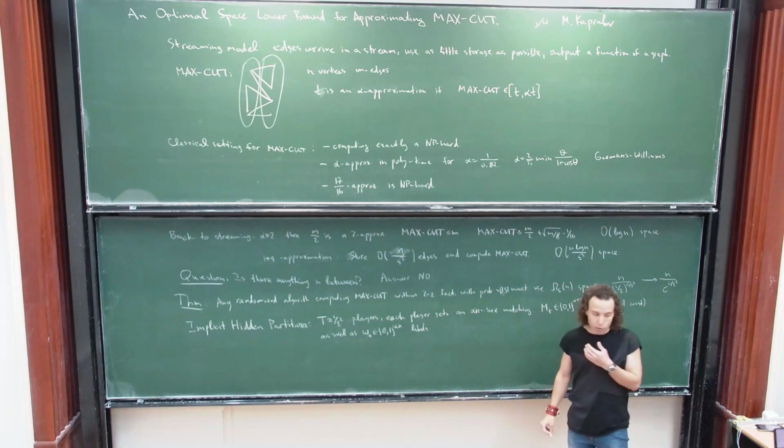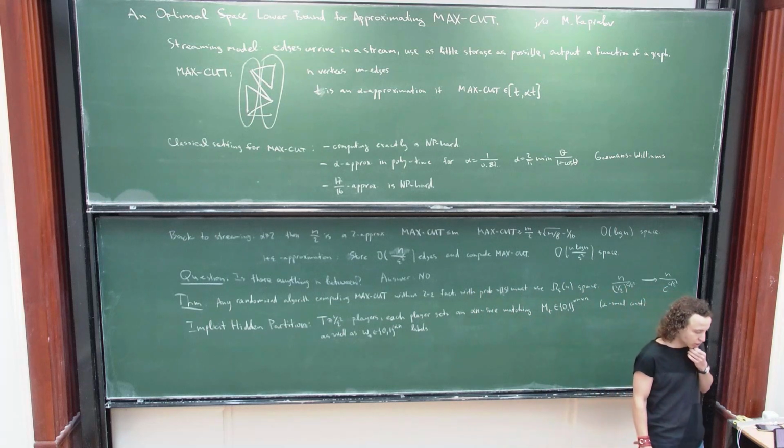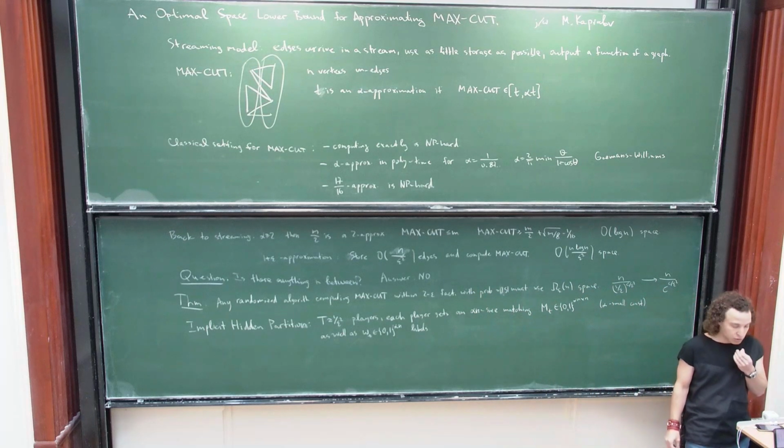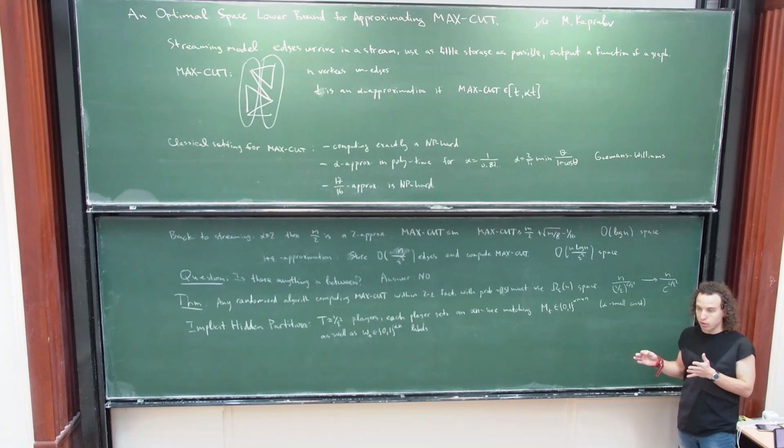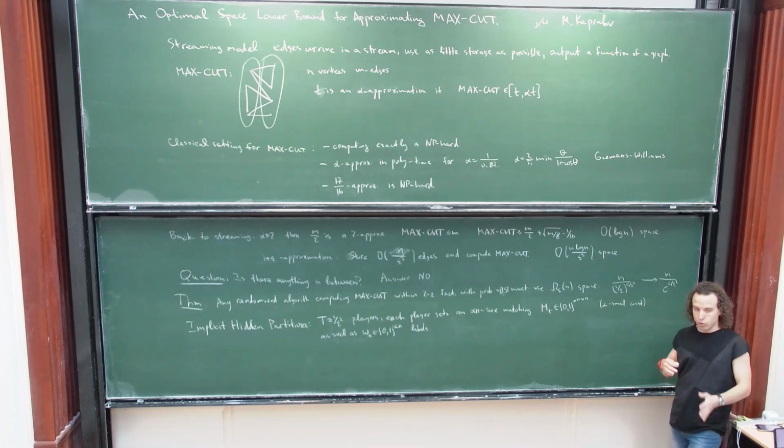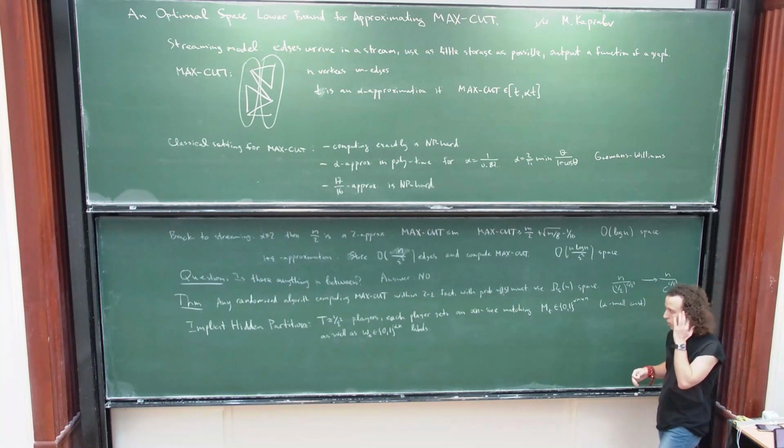Okay. So now we have the T players. The communication is going to be sequential, meaning that the first player is going to speak, then the second player is going to receive the message from the first one and is going to publish its message, and so on. So they don't communicate arbitrarily, but sequentially.